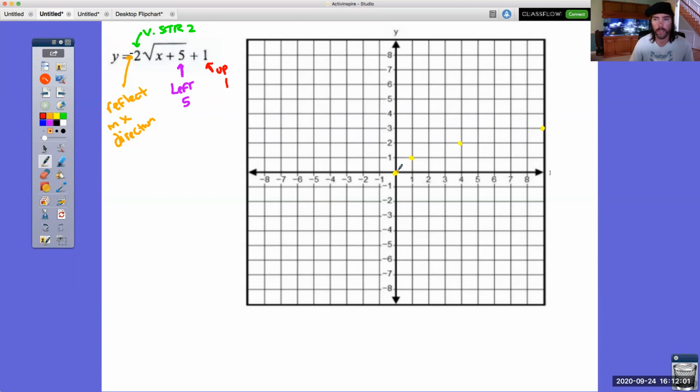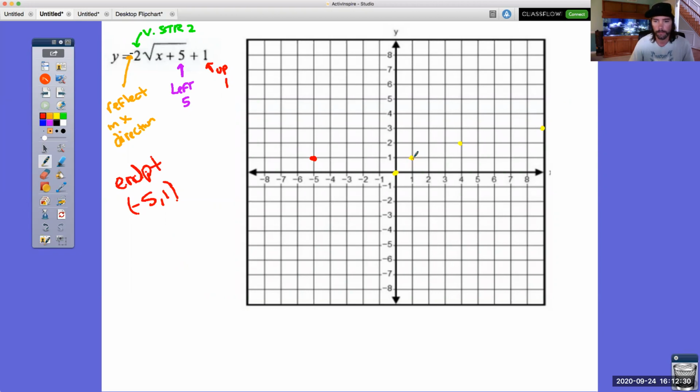When I stretch it, same thing. 0, 0 does not have any change with the negative or the 2. But it will go to left 1, left 2, left 3, left 4, left 5, up 1. That is your new endpoint. -5, 1. The flip and stretch had no bearing on that part, or that point.